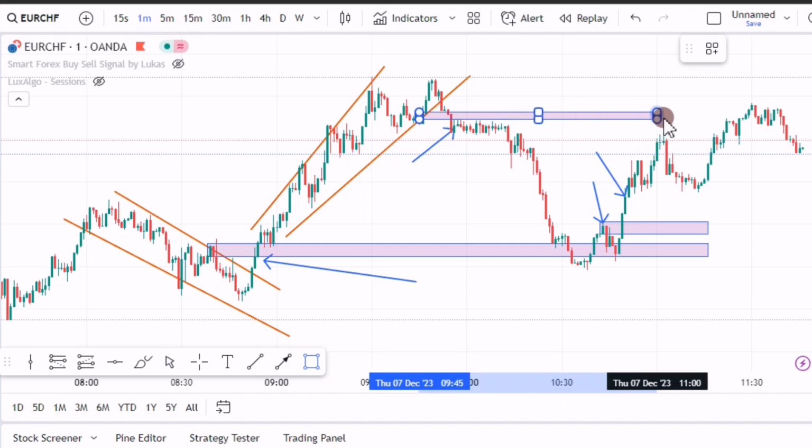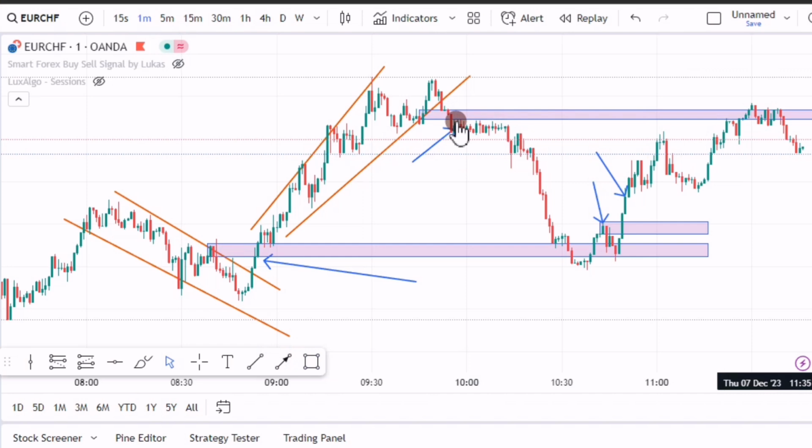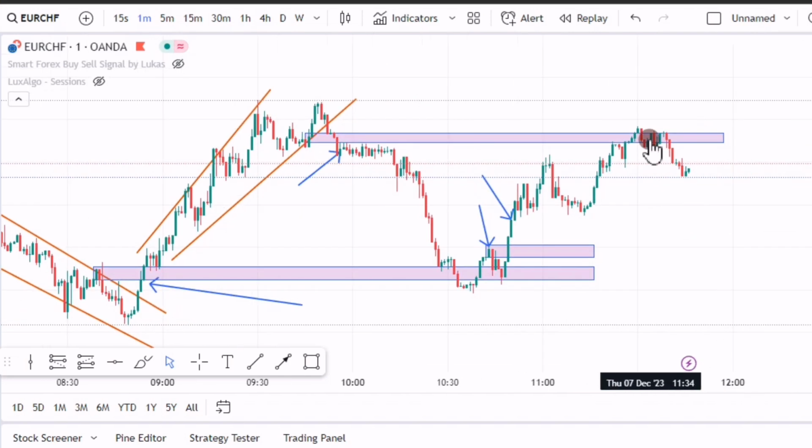Price broke out from here and went bearish, and then once it comes back to test the area where it broke out from, very much likely it is going to make a pullback. That's another theory.